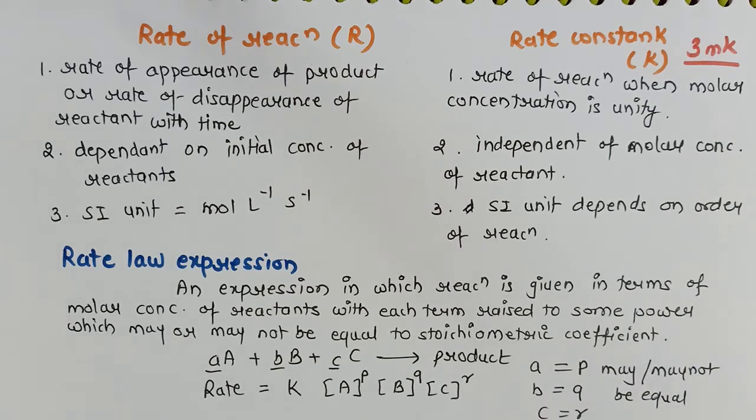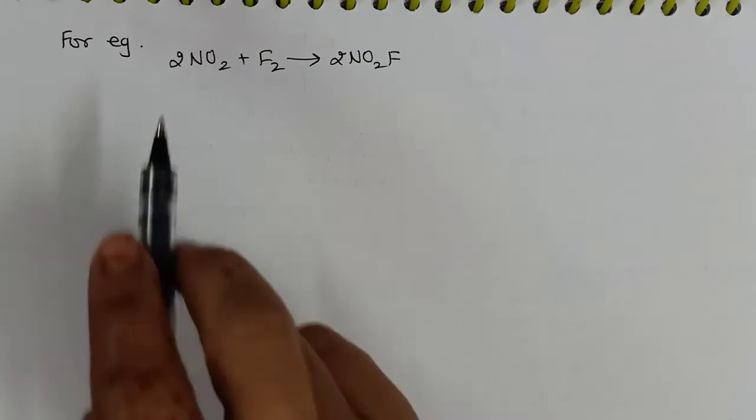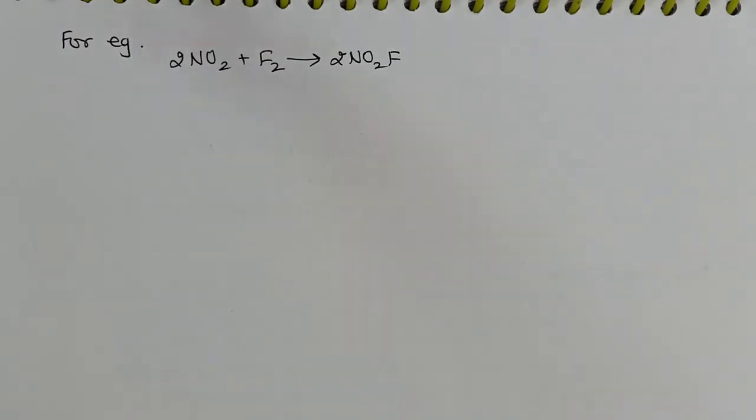Now why does this difference come? This difference comes because the rate of the reaction is basically determined by the slowest step which occurs during the reaction mechanism. For example, consider the reaction nitrogen dioxide reacting with fluorine to give nitryl fluoride.